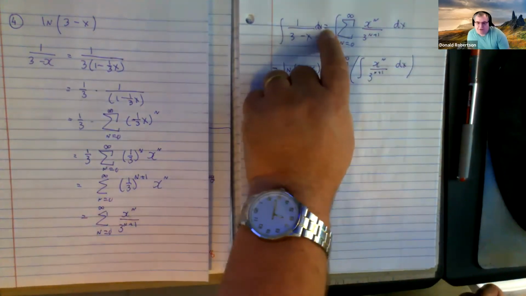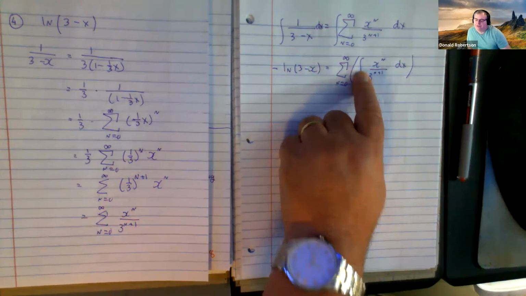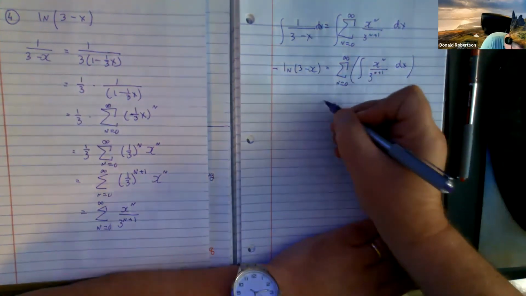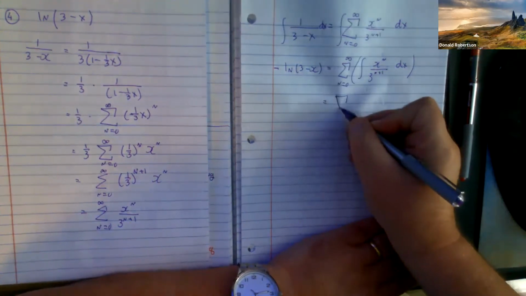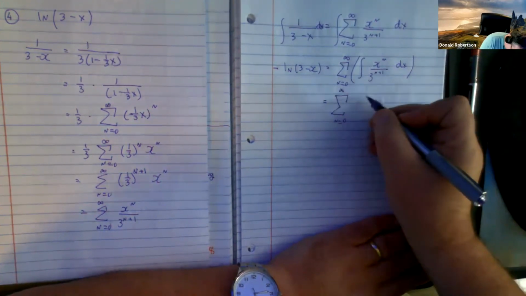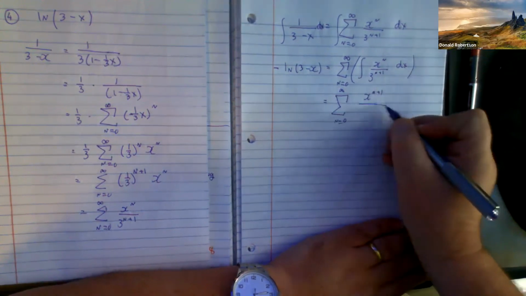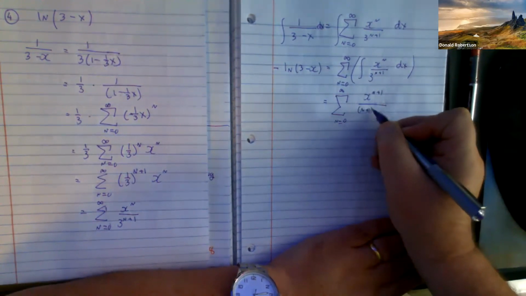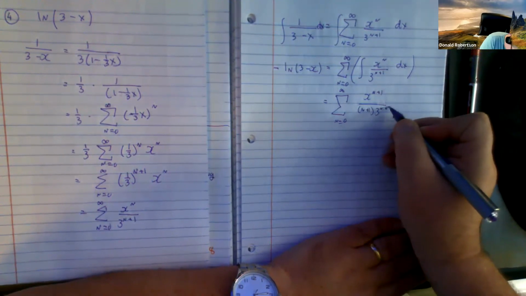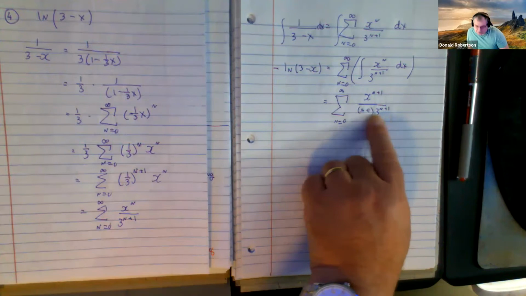So instead of an integral of a summation, we do a summation of individual integrals. And that essentially is how we can get the power series, because we add 1 to the power and then divide by the new power.